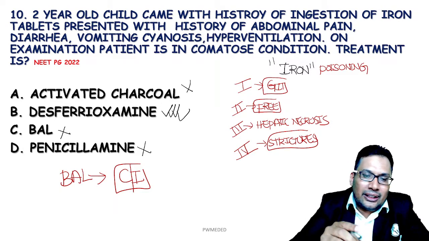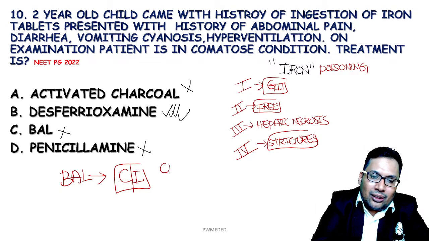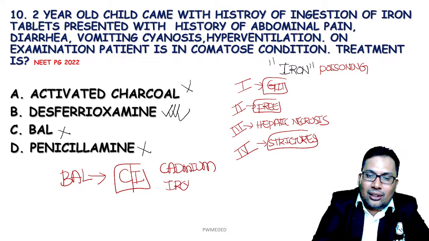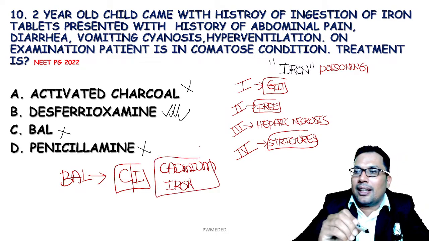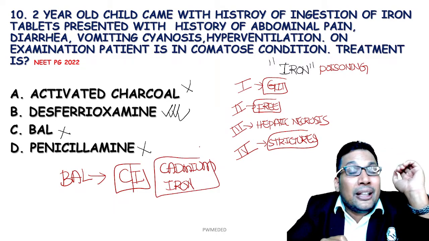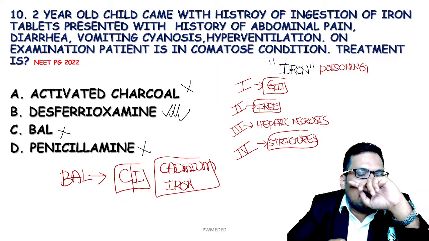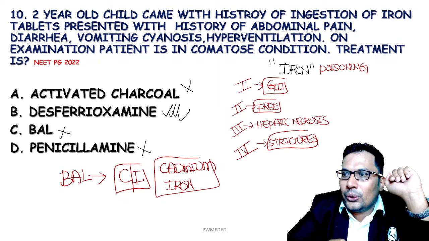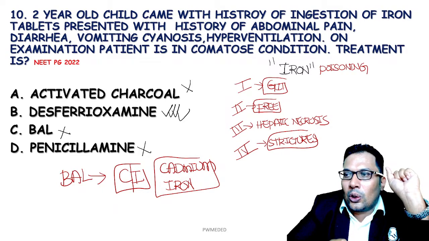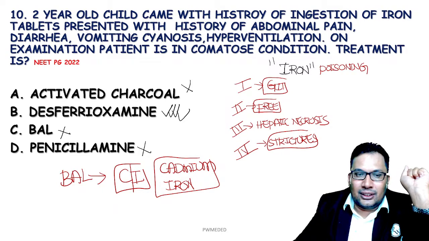The 2 I remember: cadmium poison and iron poison. And also in case of peanut allergy, BAL is contraindicated. So remember cadmium and iron, not copper, it is cadmium.